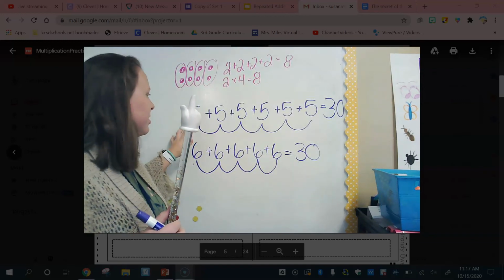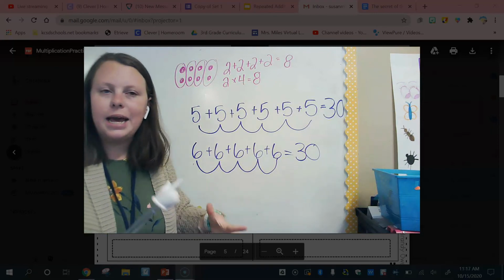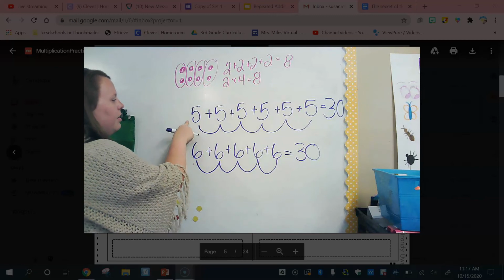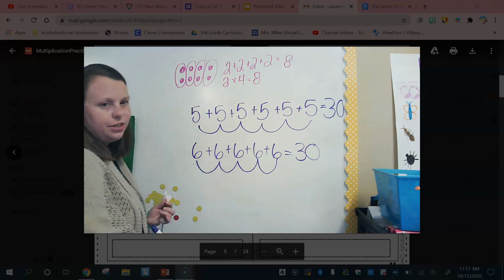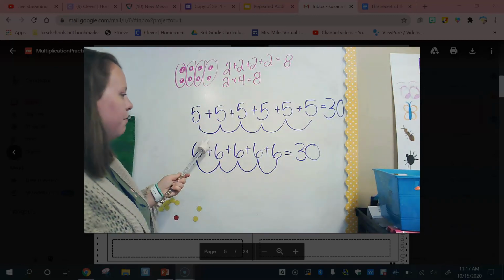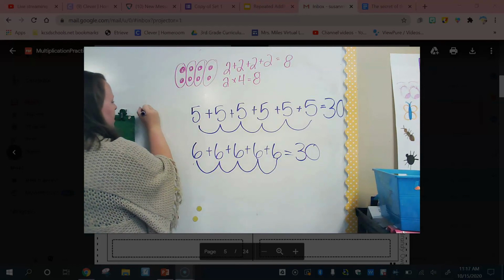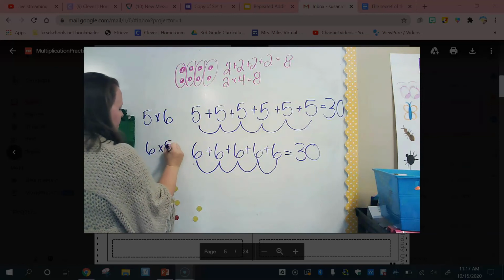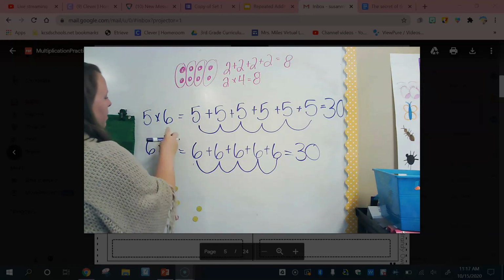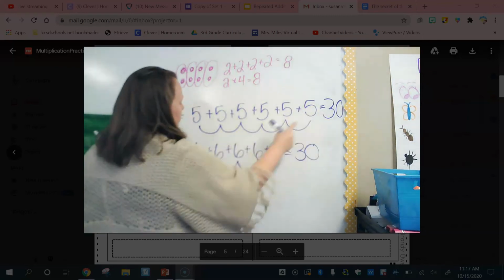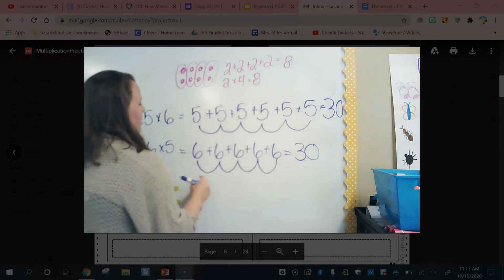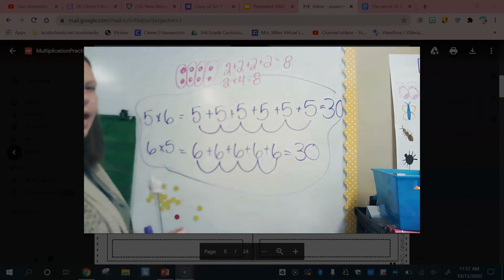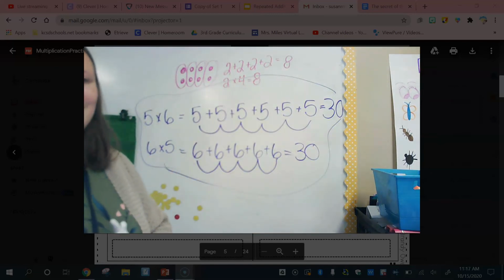Our commutative property says we can do it either way and it will be the same answer. Yes, Bazinga. So this one's easier because 5s are way easier to skip count than 6s. So I prefer this. But it also means that I did 5 times 6 or 6 times 5. This equals this equals this, and it all equals the same thing.